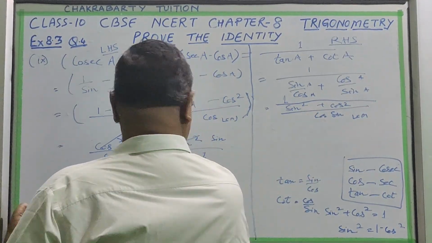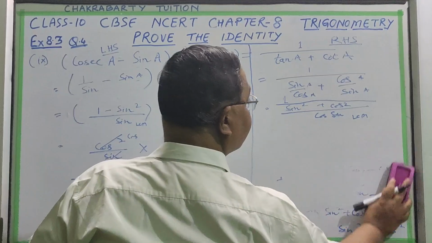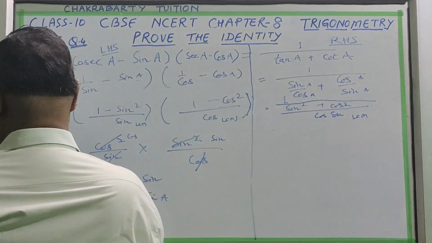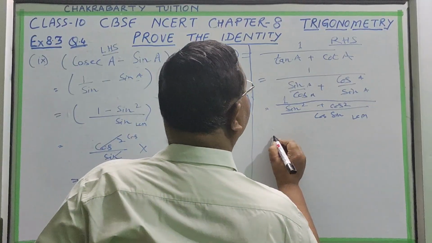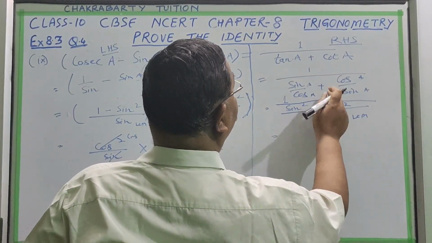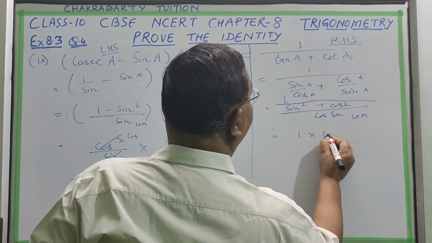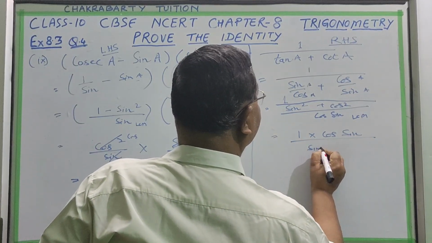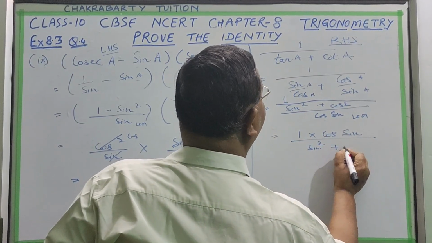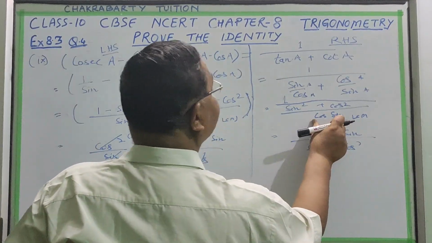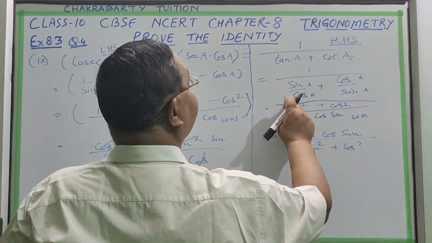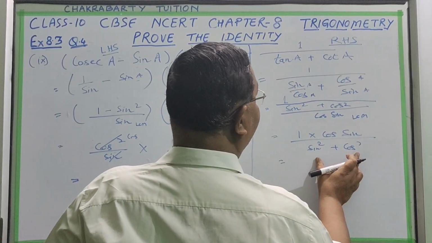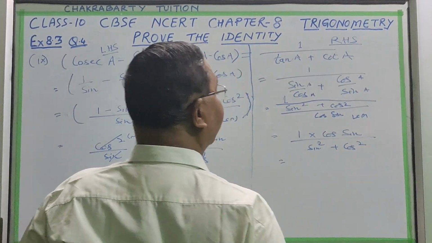Now we can take this to the upper side, 1 into cos sine upon sine square plus cos square, because it is in division, it will go upside and become multiplication.